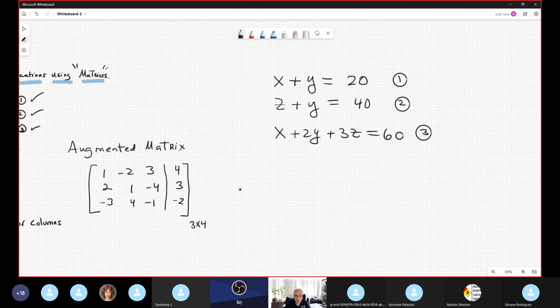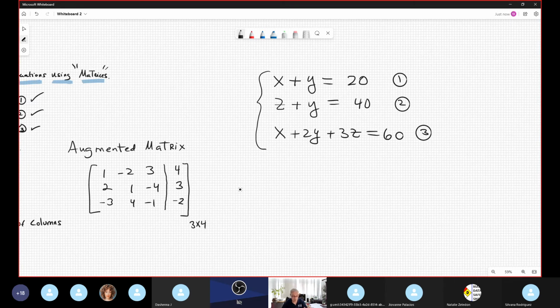Suppose that the test gives this system. And my question so far is not solving. You don't know how to solve it. Of course, I explain next lecture. The thing I want to try is only to write in matrix language. So an augmented matrix. What is the augmented matrix of this?